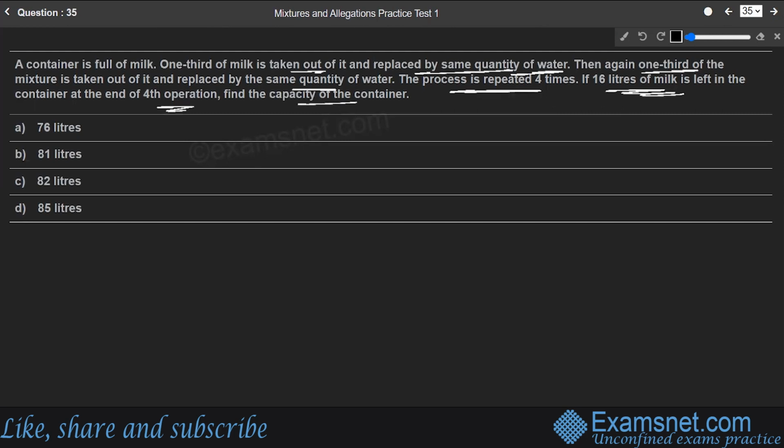Okay, so we have a similar situation where we have a formula. What is that situation?